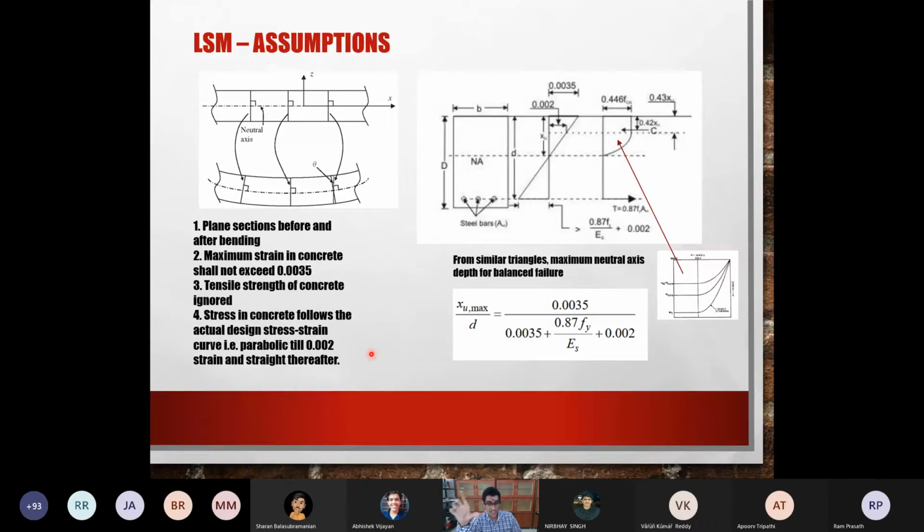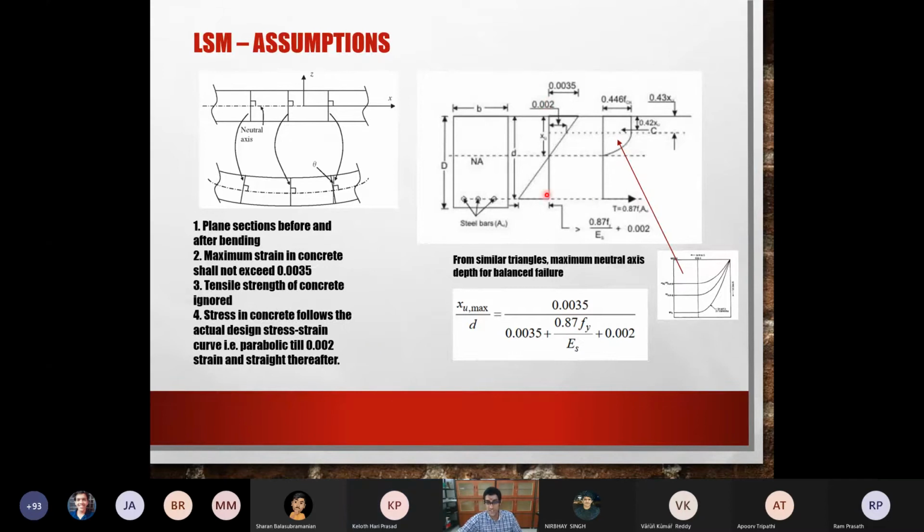I mean, triangles meant it was linear. Okay, you took only the linear shape. Why was only a linear shape taken there in the working stress method? We took the assumption that plane surfaces remain plane even before and after bending. That's okay, that's correct.